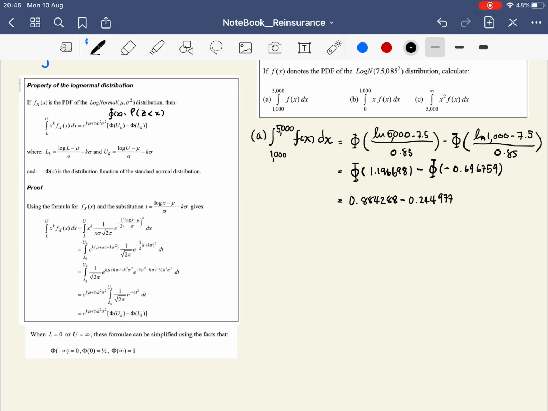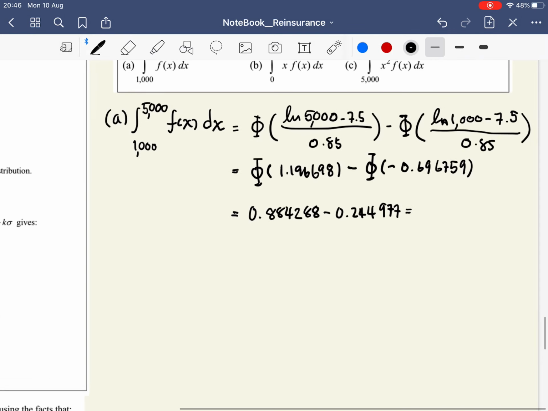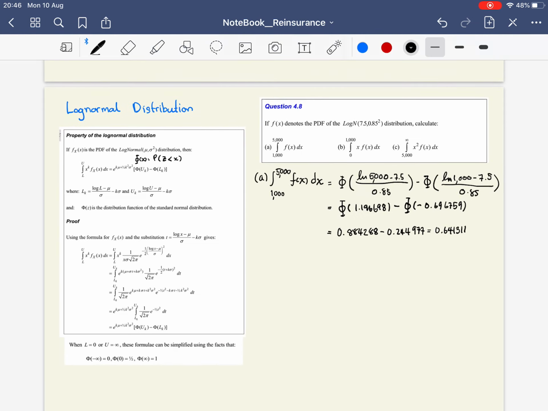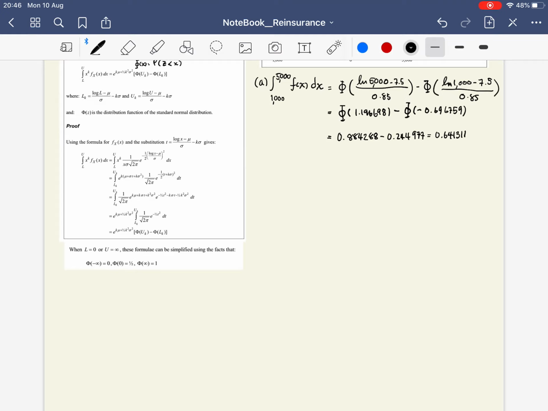For this part you can just look into a table, or if you have any kind of applet, you may try to use it. So the answer we have here is 0.641311. Here we are.